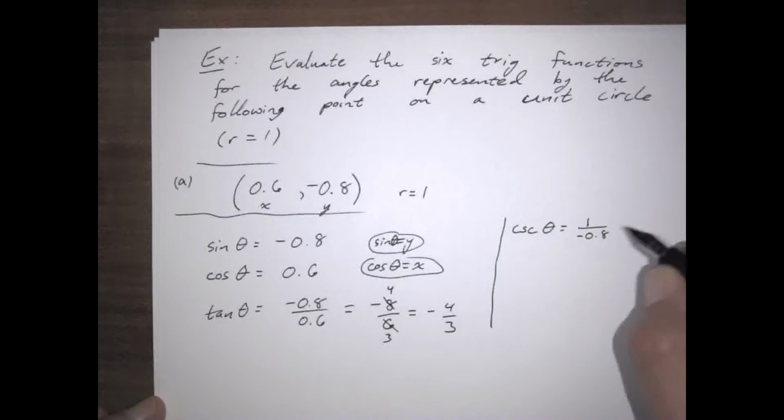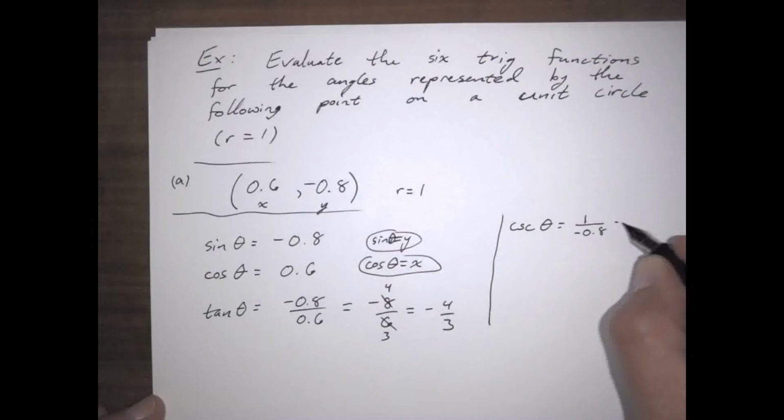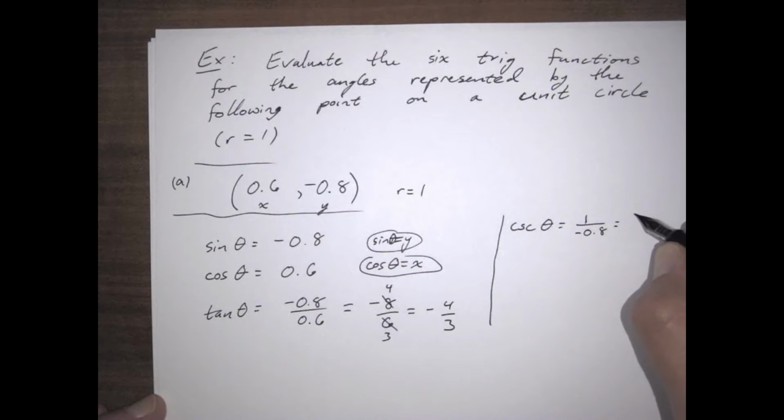So now, we could again multiply the top and bottom by 10. Just a nice easy thing to get us going here. And then we can simplify that a little bit. We can see a common factor that they share.